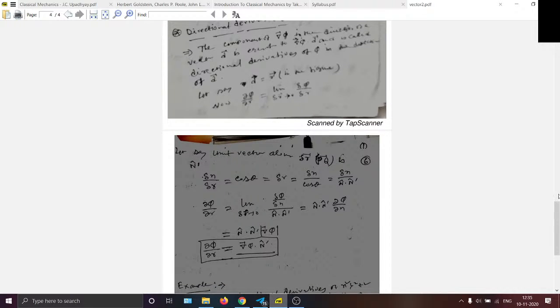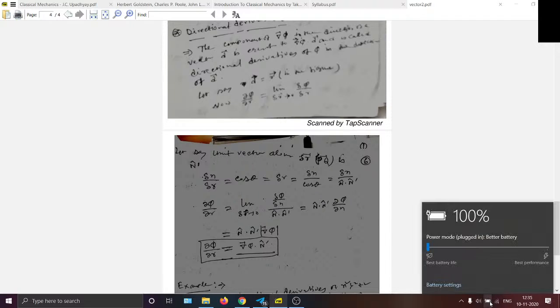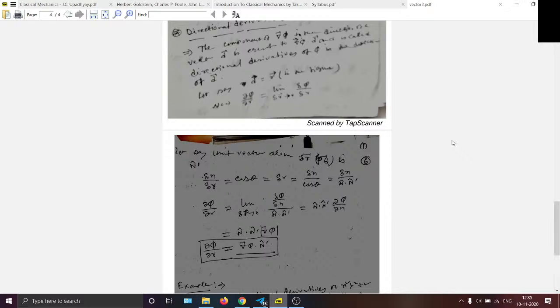So you just have to project it on that other vector. For example, here it is d. So grad phi dot d is the component of grad phi along the vector d. This is called the directional derivative. That means you want the derivative in a particular direction. This is the actual meaning of directional derivative.